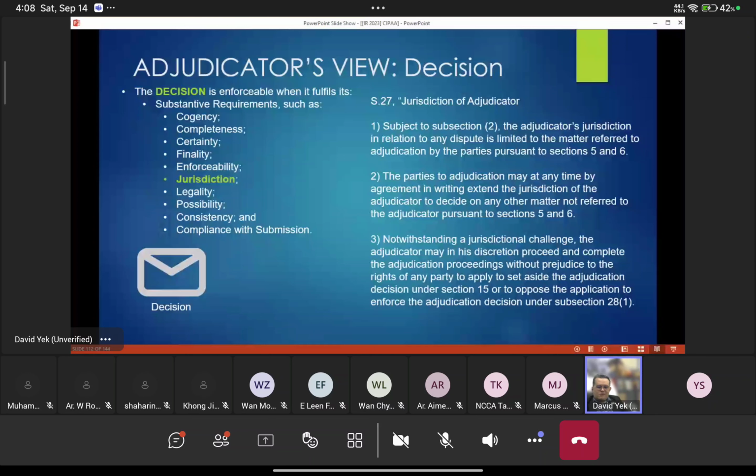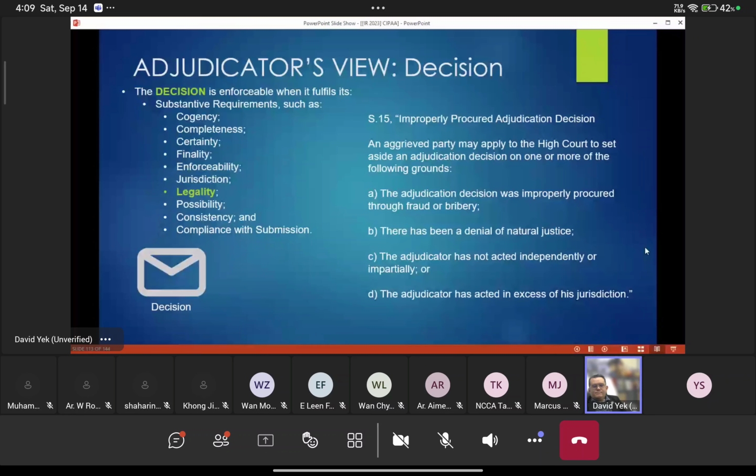Okay, so in court, the adjudication can only be challenged in a very narrow manner. Number one is that the adjudicator had acted beyond his jurisdiction. Number two is that there is bias, there is all this kind of thing. But this has to be proven. So within a very narrow ambit, you can actually challenge the decision in court.